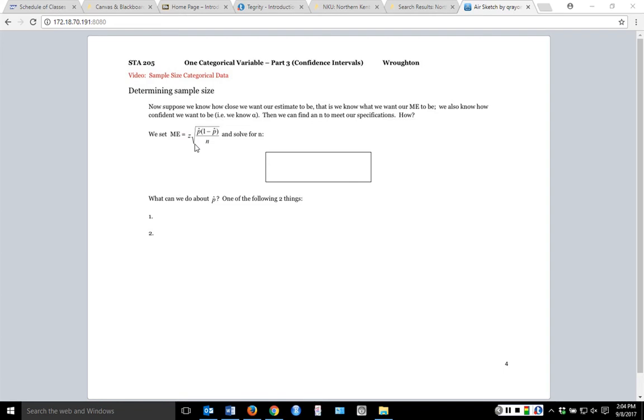But when I solve this now for n, I will find that n needs to be at least as big as (z over my margin of error) all squared, times p hat times 1 minus p hat. Again, all I'm doing is taking that formula and solving it for n instead.